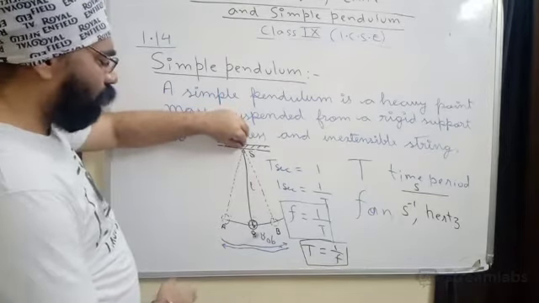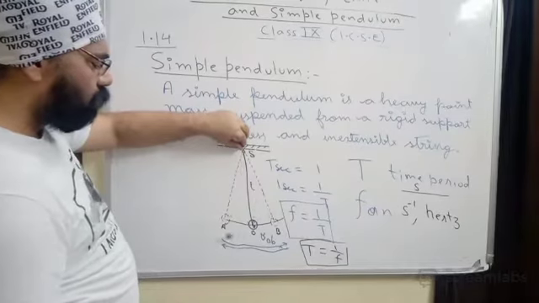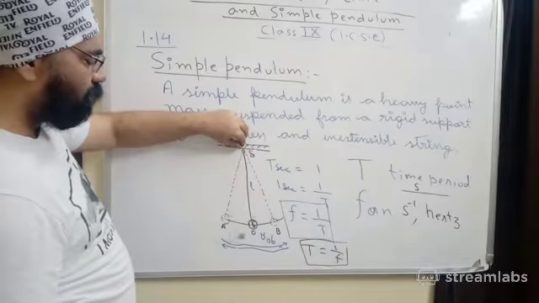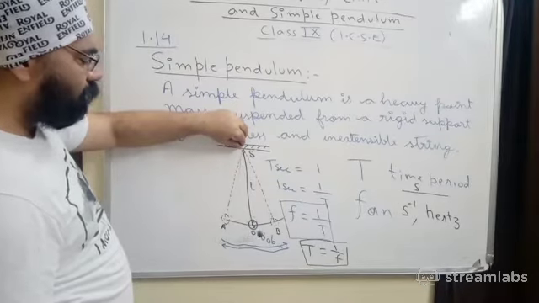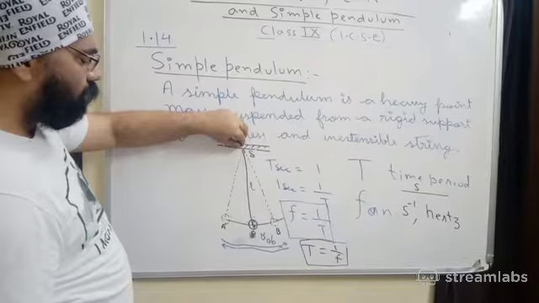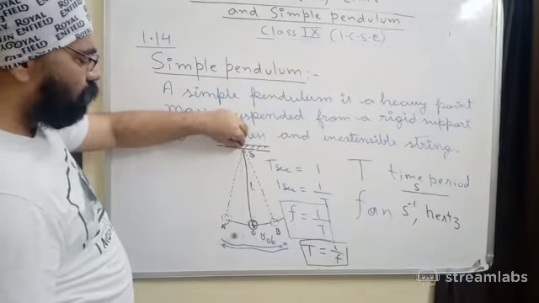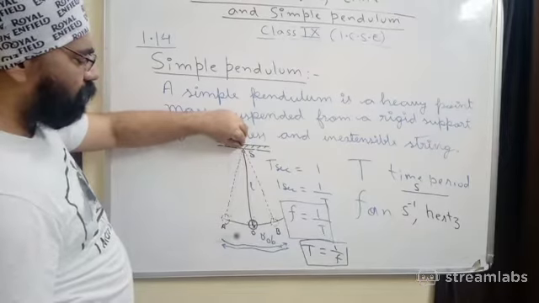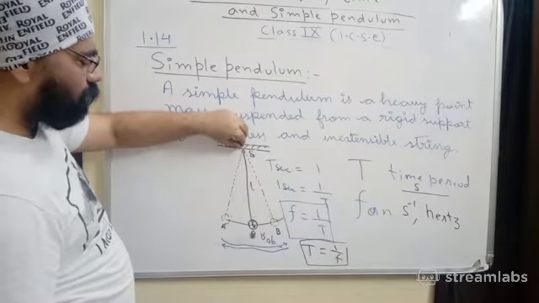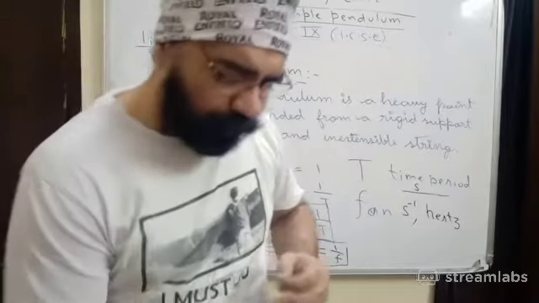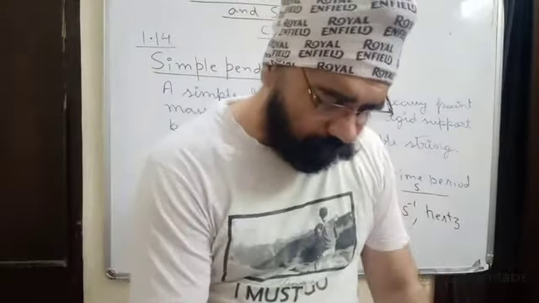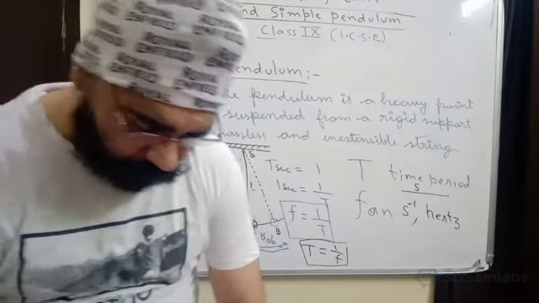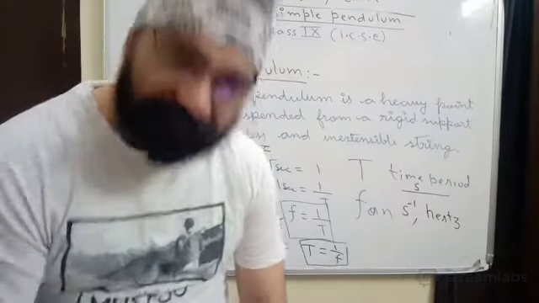Now I'm counting to 20. 1, 2, 3, 4, 5, 6, 7, 8, 9, 10, 11, 12, 13, 14, 15, 16, 17, 18, 19, 20. I switch off my stopwatch. So for 20 oscillations, what was the time? I look at the stopwatch and it says 20 seconds.